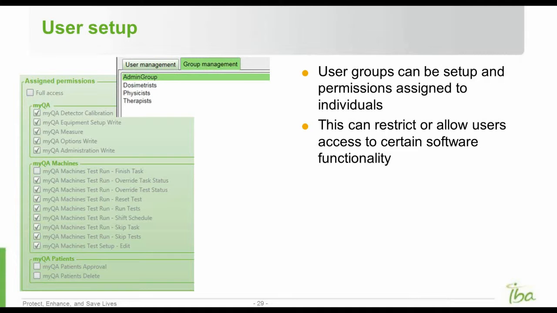You can determine which level of access each user or group has, whether you can run a test, finish a test, skip it, or approve things, so you can really segregate who has what privileges inside the software. You can restrict it so that only physics can run OmniPro Accept or OmniPro IMRT Plus, or any way you want to set this up.